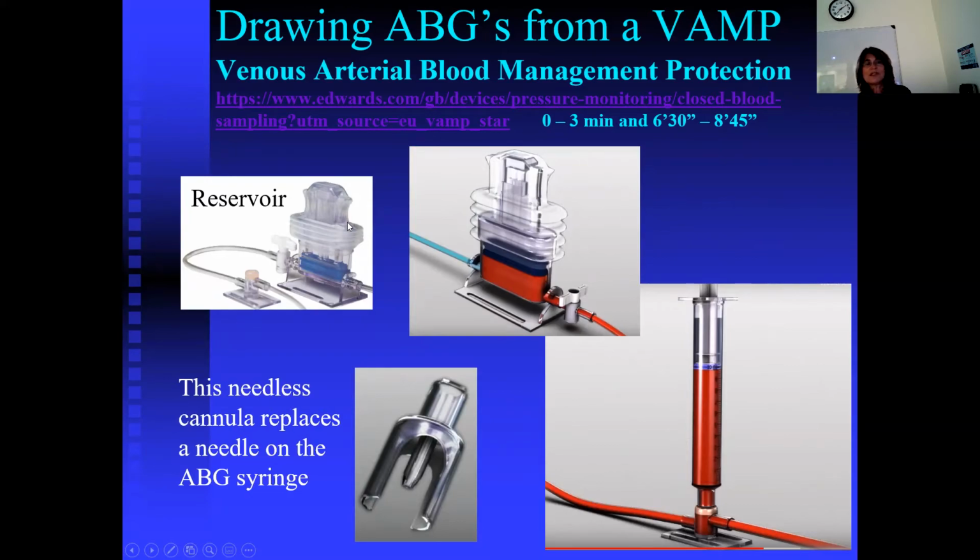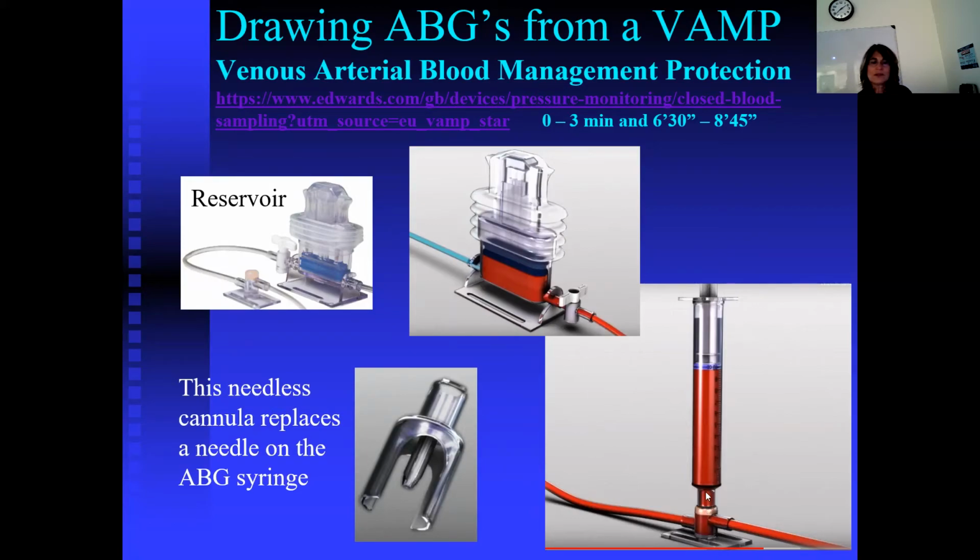So as far as the procedure, how do you draw arterial blood from this? Once you pull blood into the reservoir, you turn off the stopcock, and then you can put your syringe into the port.